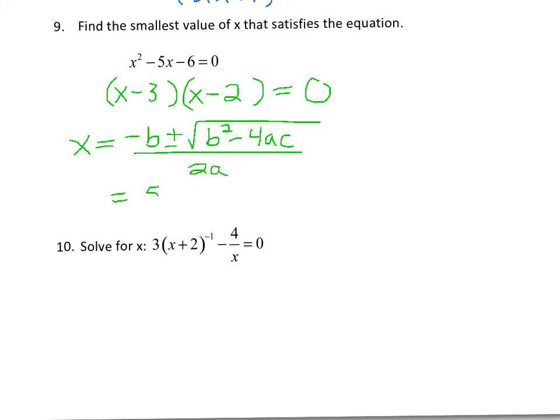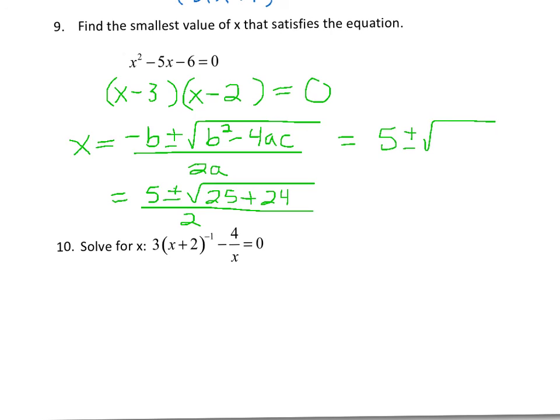So we have a positive 5 plus or minus the square root of 25 minus 4 times 1 times a negative 6, so plus 24, all over 2, which gives us 5 plus or minus the square root of 49, all over 2.